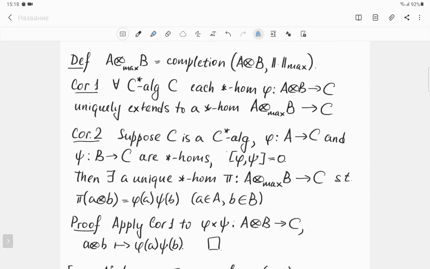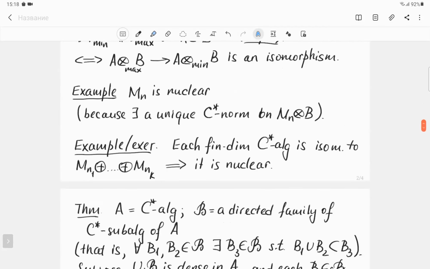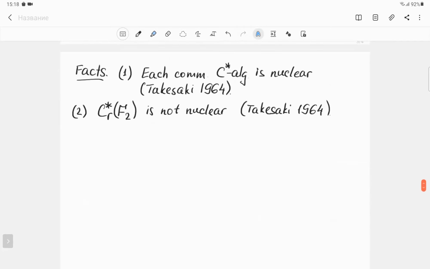And as a result, the maximal and minimal tensor products are not the same. And another example, due to Pirkovskii, is that B(H), the algebra of bounded operators on any infinite dimensional Hilbert space, is not nuclear. This is 1981.